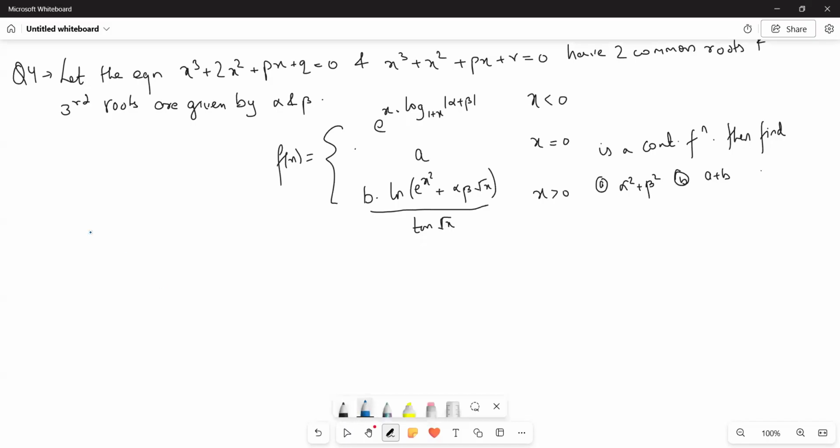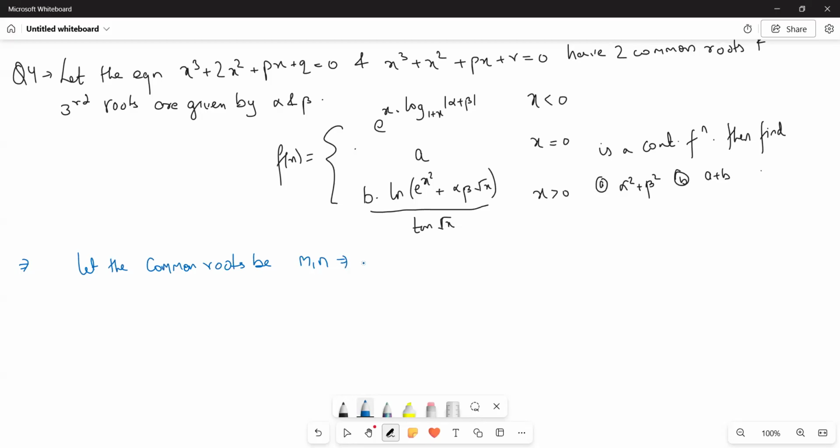So the solution of this will go something like this. Let the common roots be m and n. Let the common roots of the two equations be m and n.